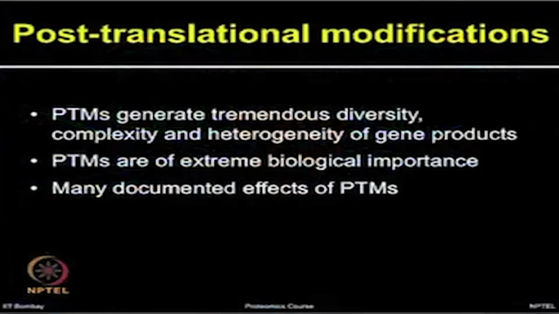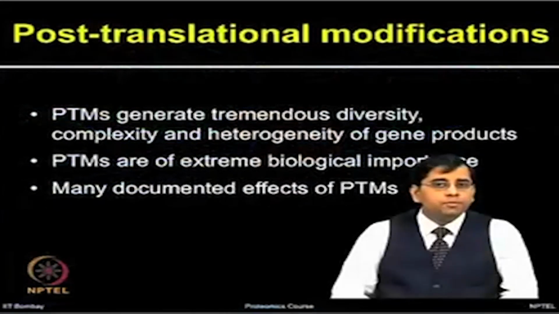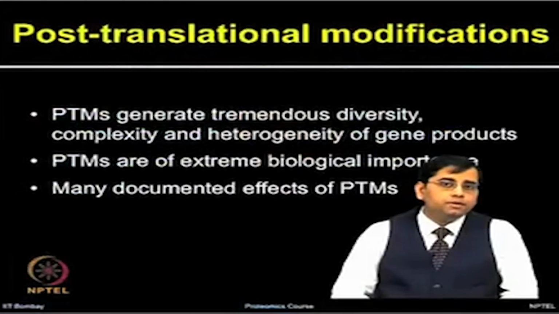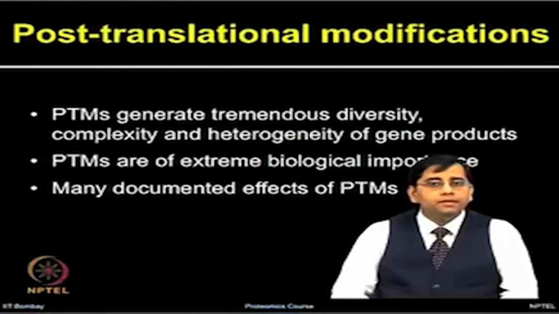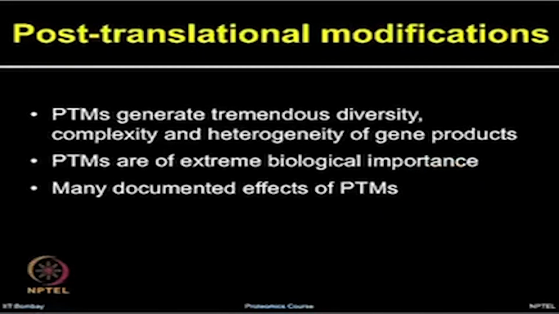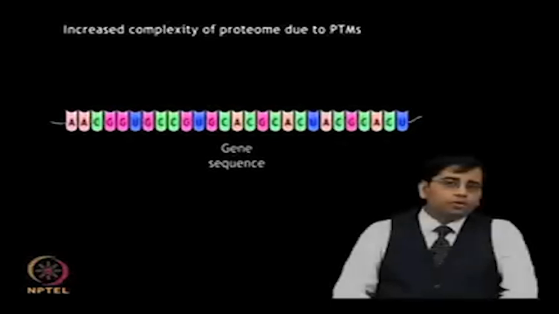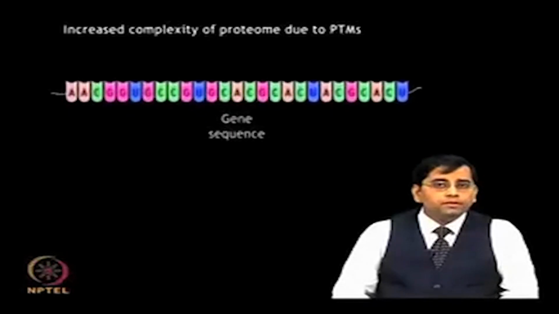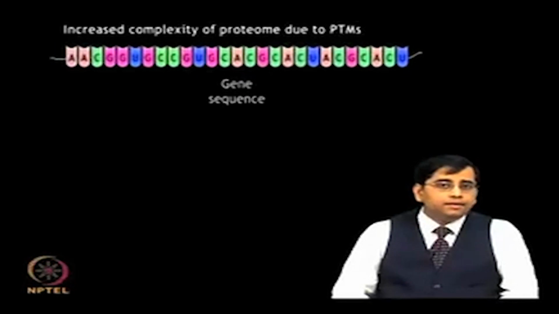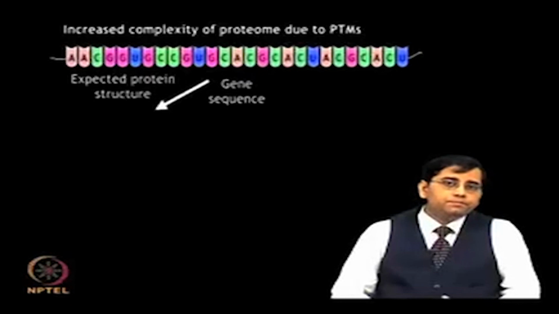Many documented effects of post-translational modification include change in enzymatic activity, ability to interact with other proteins, subcellular localization and targeted degradation. The final structure of functional proteins most often does not correlate directly with the corresponding gene sequence.